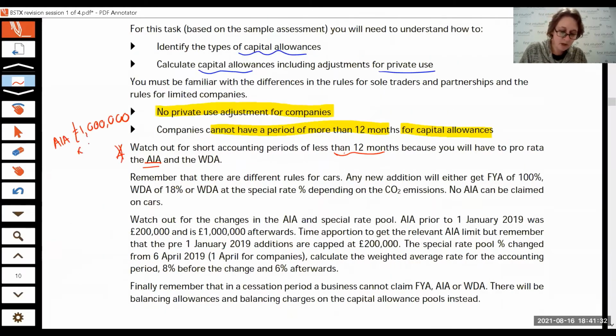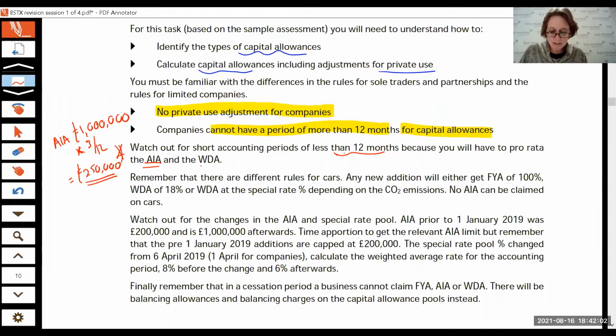I can only have 3 months of that million because that is for a whole year and I'm only looking at a 3-month period. So that only actually allows me qualifying additions of 250,000 in that scenario. We'll have a look at a business closing actually in our example, Shazer. So we're going to see a closing business, so we'll get to that.